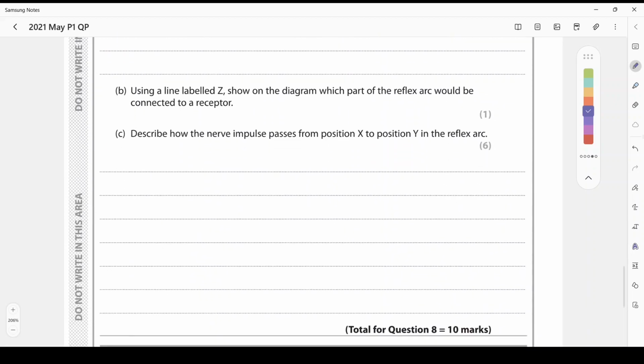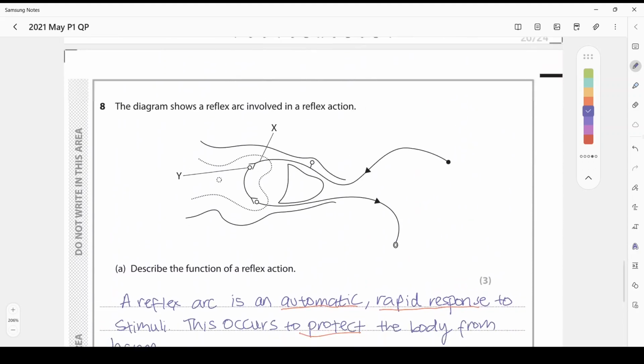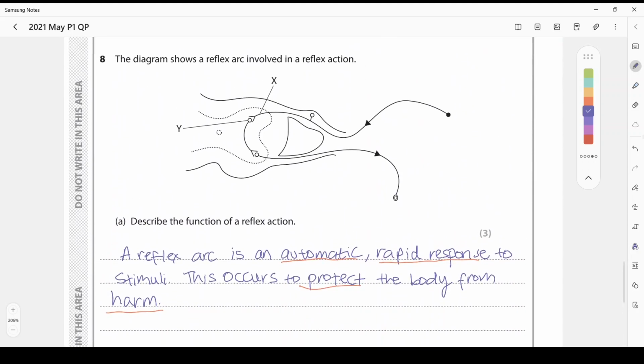Using a line labeled Z, show on the diagram which part of the reflex arc would be connected to the receptor. Okay, so your receptor detects the stimuli, so that could be receptors in your skin, receptors in your tongue, for example. And then what goes after the receptor is the sensory neuron, and that sensory neuron has electrical impulses traveling from the receptor to the relay neuron or the interneuron, which is what we see over here.